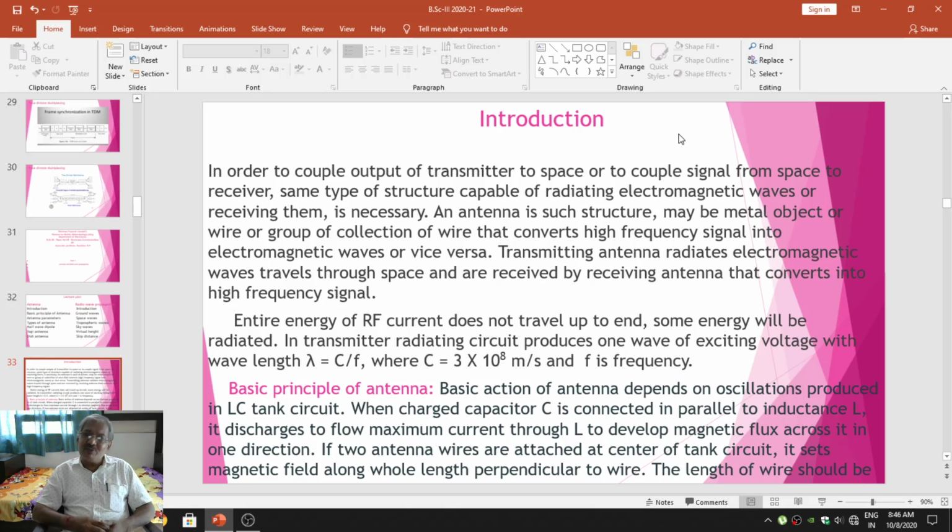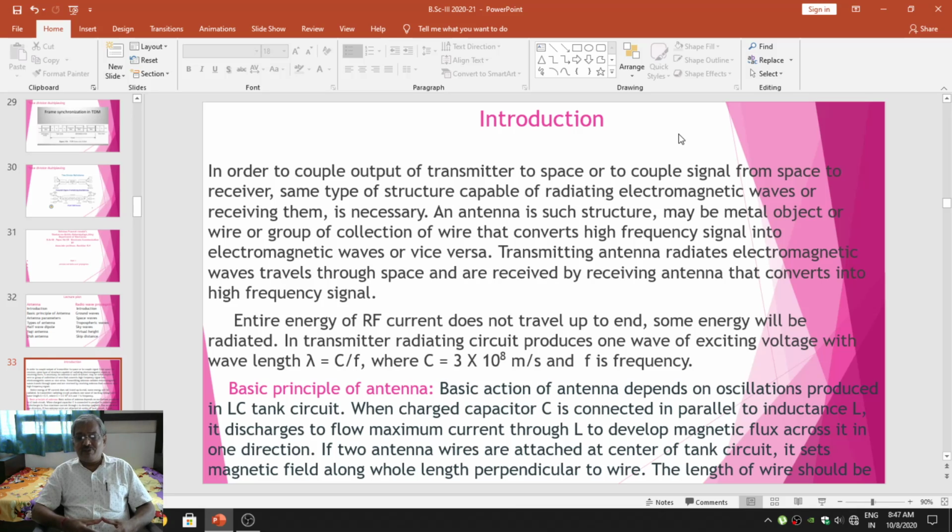It may receive the signal, or it may transmit the signal, depending upon how it is located in space. Thus we can say such a group of wires, maybe in a particular shape, maybe in a particular size, or a conducting metal rod, is connected to the transmitter or to the receiver.